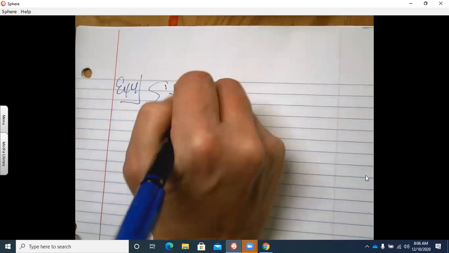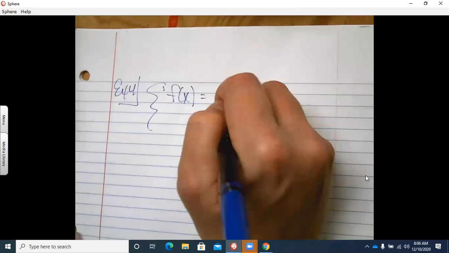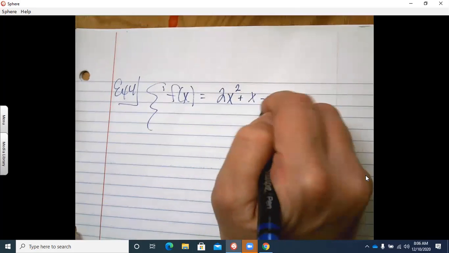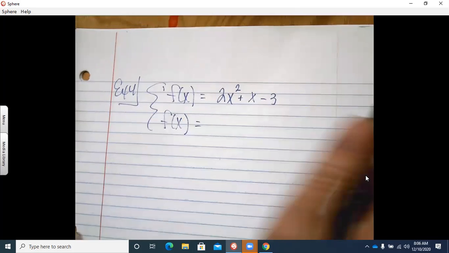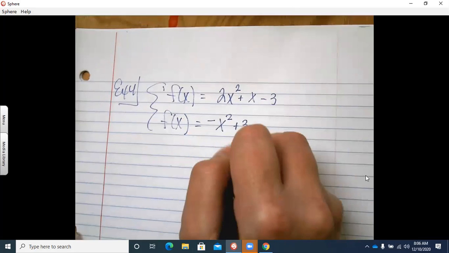Okay, I'm making this one up, so hopefully it works out right. So this is example 4, right? Let's do f of x equals 2x squared plus x minus 3, and f of x equals negative x squared plus 3x plus 4.